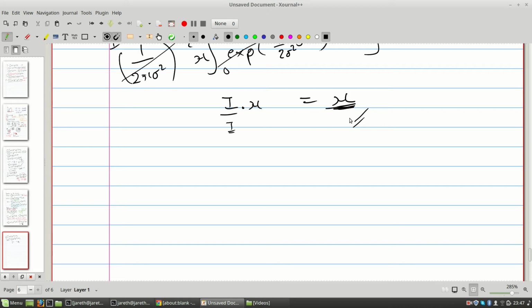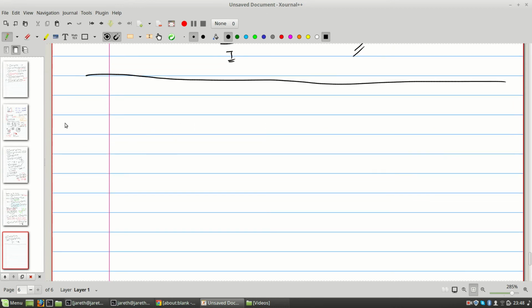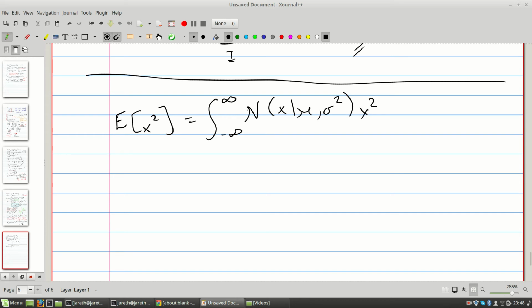So having said that, the next thing is, let's talk about the variance actually, and say E of x squared is equal to the integral from minus infinity to infinity of N(x | mu, sigma squared) x squared dx, which is equal to mu squared plus sigma squared.